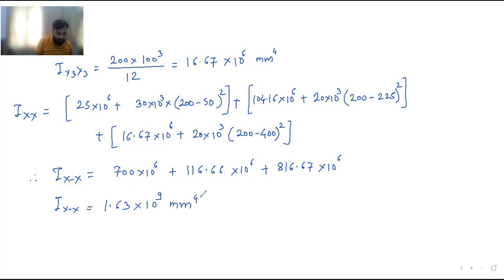This is the value of Ix. Okay. Now calculate Z, the section modulus.